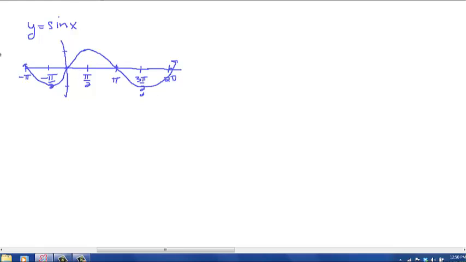We only want to look at a piece of this graph, just from here to here. So we're going to restrict the domain and only look at the graph from negative pi over 2 to pi over 2.